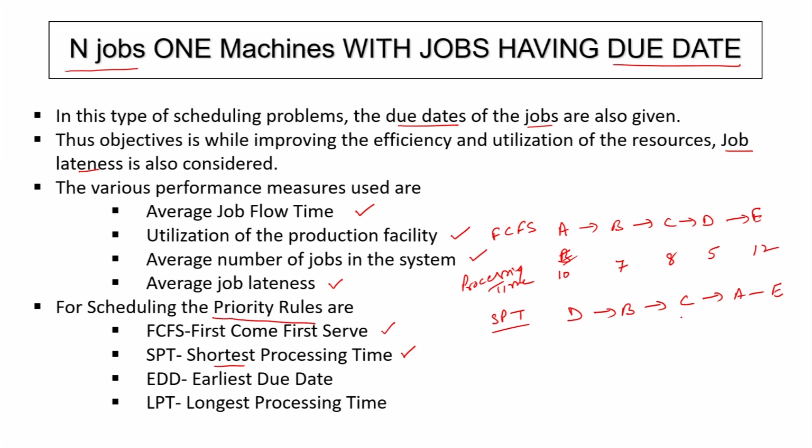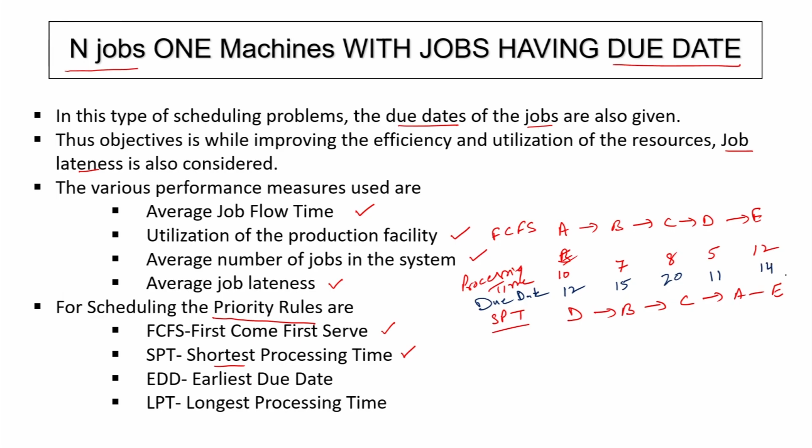Then you have earliest due date, if these jobs have due dates also. So, let us say they have due dates. This job needs to be shipped on the 12th day, this job on the 15th day, this job on the 20th day, this on the 11th day and this on the 14th day.